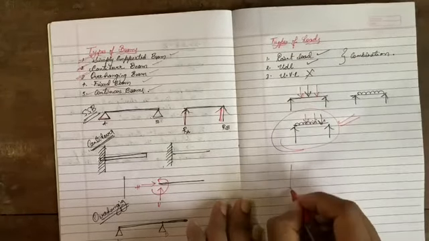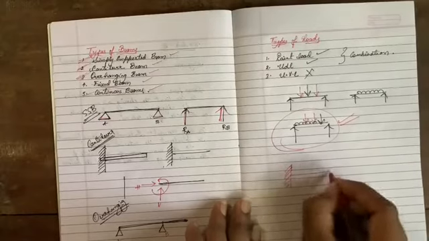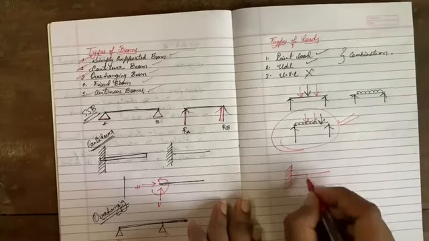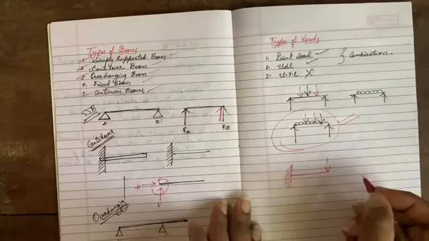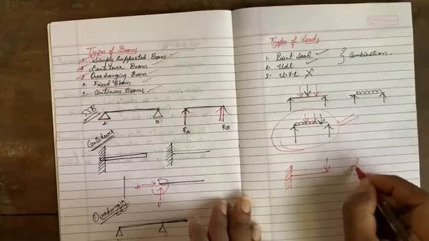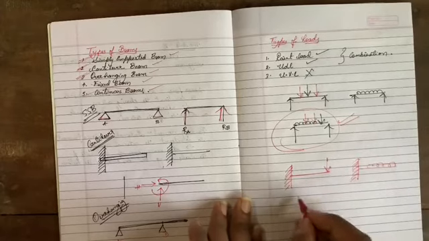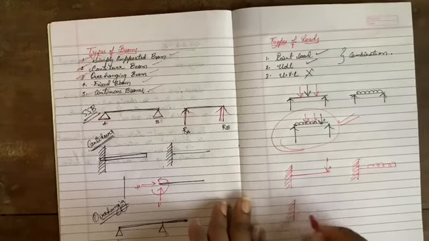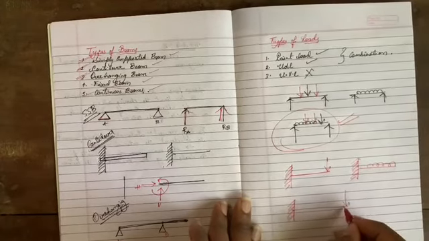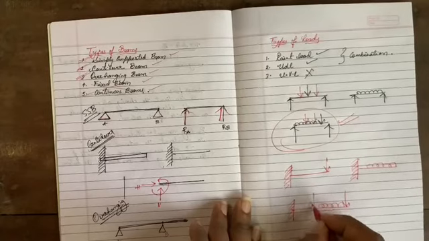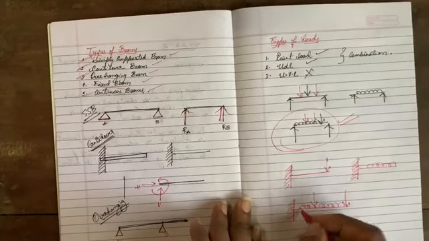And for the cantilever also, it can be a cantilever with the point load, cantilever with the UDL up to a certain point, or cantilever with the point load, UDL, somewhere again point load, somewhere new.